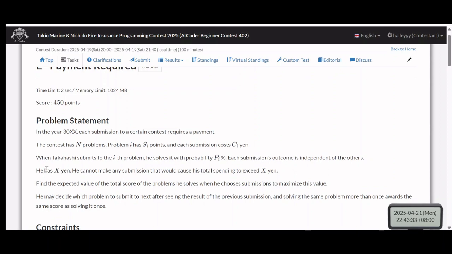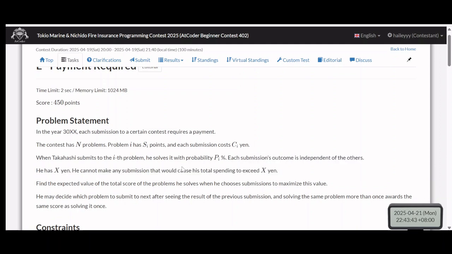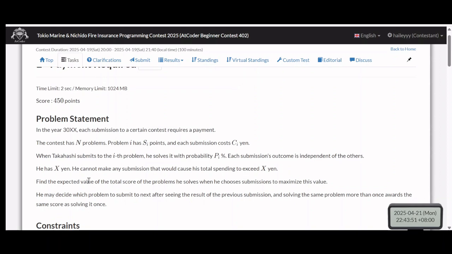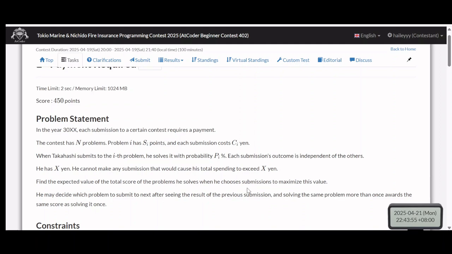He only has X yen, and he doesn't want to make any submissions that would cause his spending to exceed the X amount of money that he has. We want to find the expected value of the total score when he chooses submissions to maximize this value.